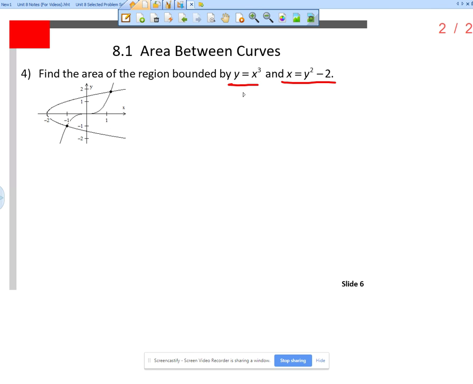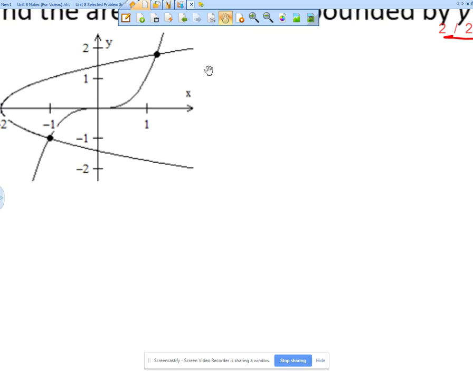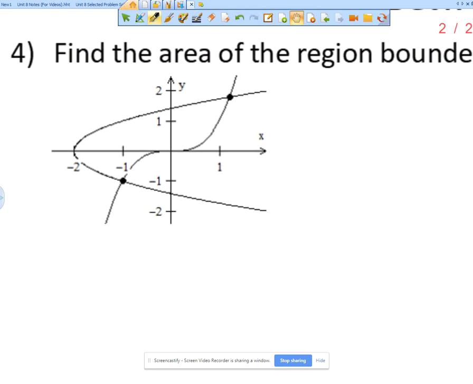Now, what do we want to do? Well, first thing I do is I want to zoom in and think about what we should be using, a dx or a dy. As we do this more and more, you'll get pretty good at it. So if I draw a dx here or here, what do you notice?